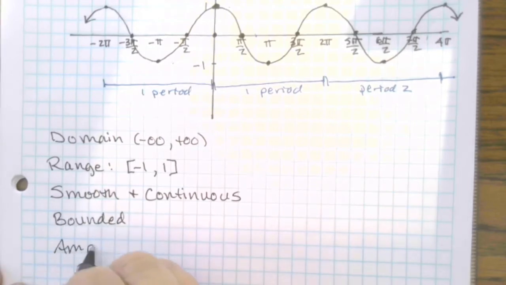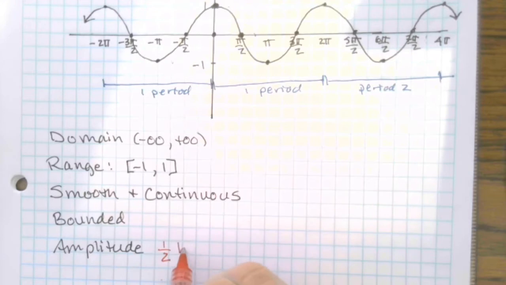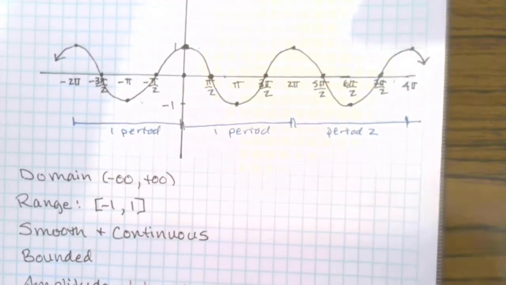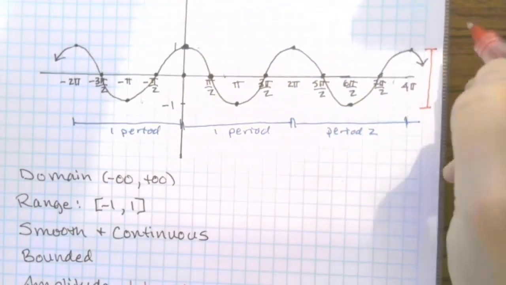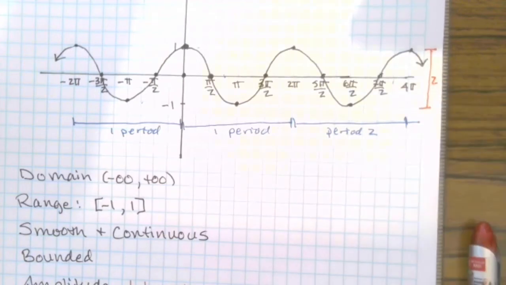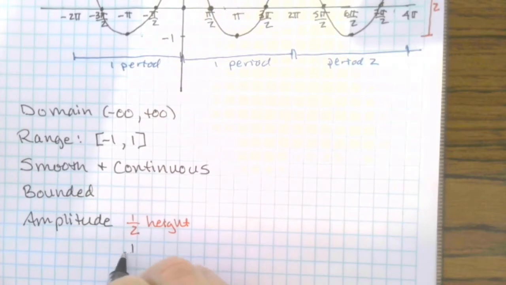Okay, the amplitude. Remember that your amplitude is 1/2 the height of the graph. So just like our sine graph, we have a maximum at 1 and a minimum at negative 1. That gives us a height of 2. So the amplitude is 1/2 of 2, which is equal to 1.